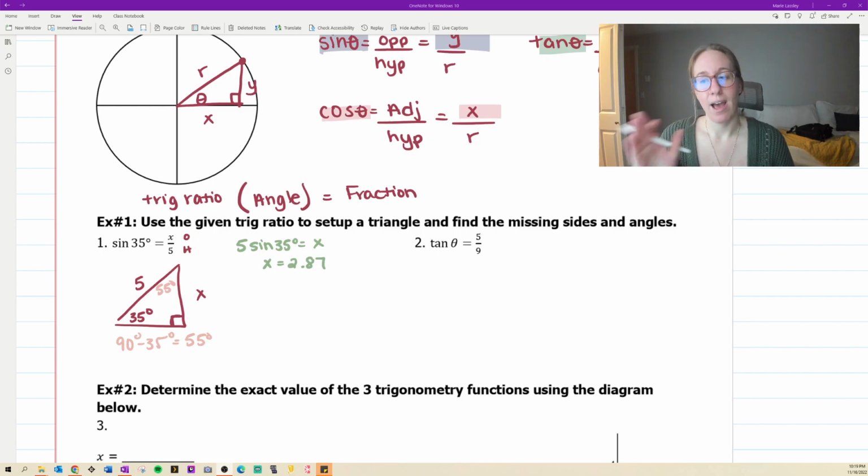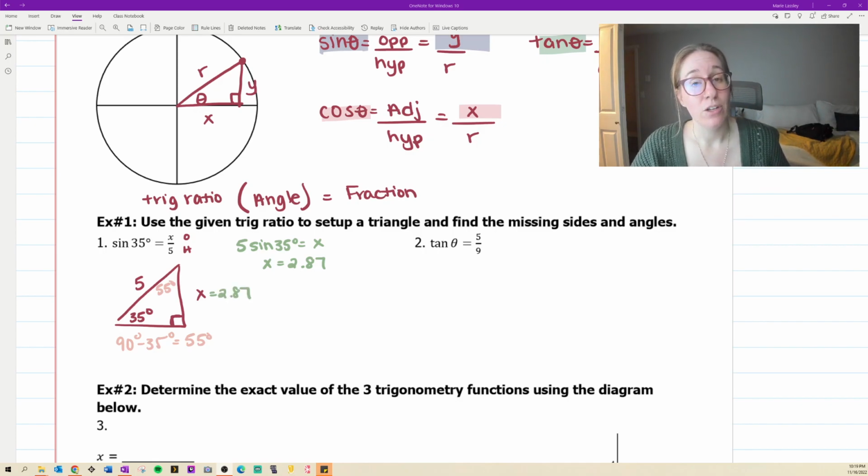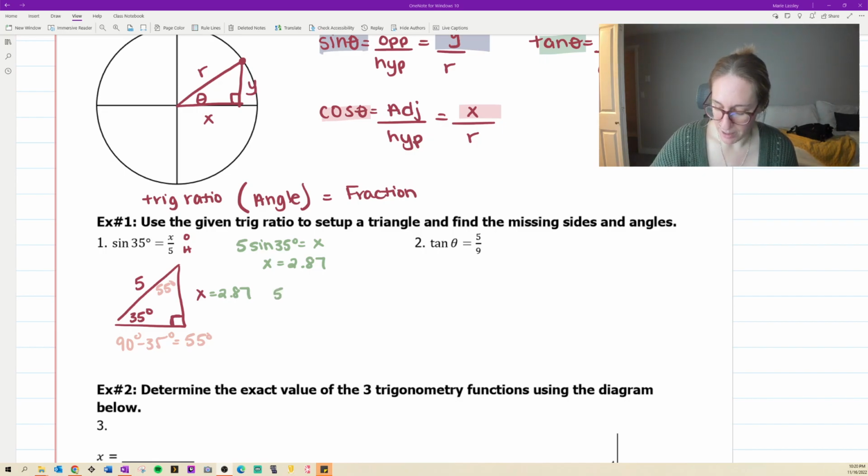All right, so I have my one side length. Now I have two options here. I can either use trig to find my other side length, which is a completely fine option, or because we now have two sides and it's a right triangle, I can use Pythagorean theorem. And I'm going to do Pythagorean theorem because I like it better. So 5 squared minus 2.87 squared equals my missing side, which I'm going to call y squared.